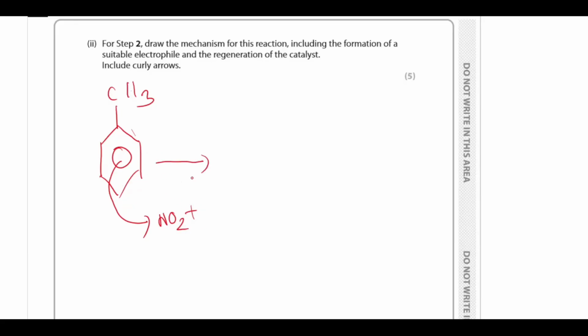Now, in the next stage, one of the hydrogen atoms breaks away like this. So this produces an unstable carbocation, an unstable intermediate complex, something like this. Okay, and then you have H, right?